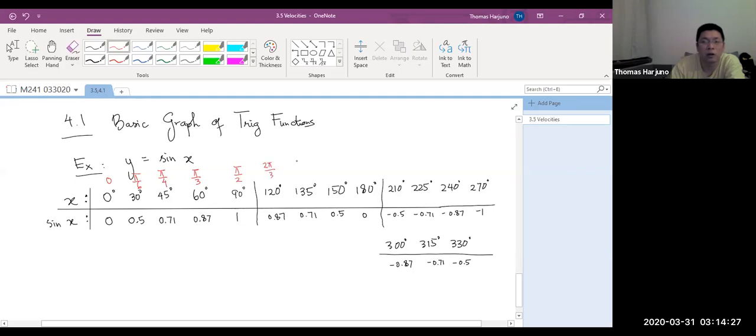In radians, what are these? 300 degrees is 5 pi over 3, 7 pi over 4 for 315 degrees, and 330 degrees is 11 pi over 6.